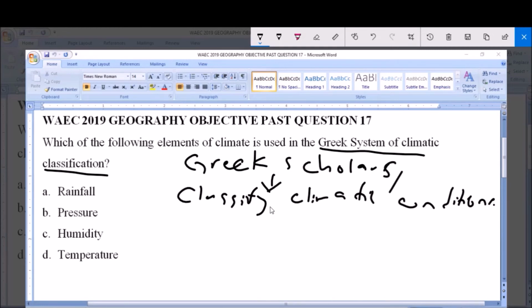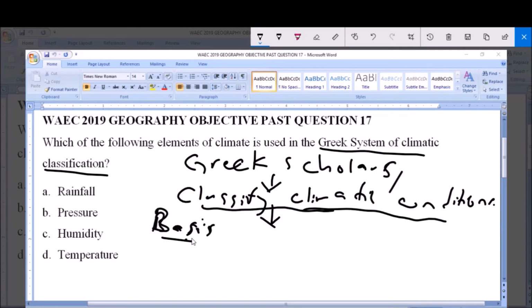Now, in order to do this, in order to classify climatic conditions, they needed a basis to classify these climatic conditions. They needed some elements to consider, a few elements to classify these climatic conditions.